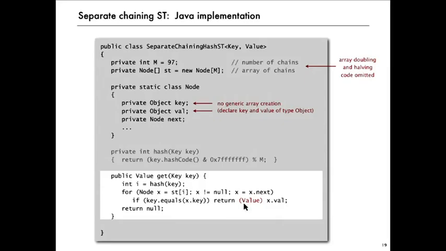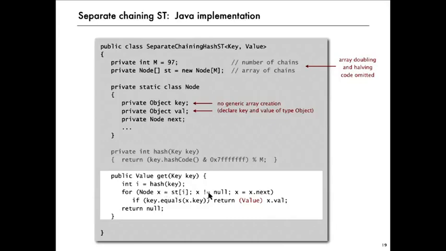This is the get procedure. So to look for a key in the hash table, we compute a hash value, and our hash function is pull out the system hash code, make it positive by ANDing off the sign bit, and then mod with m to get a number between 0 and m minus 1. So we pick that number i, and then we just go to that list, and this is the standard code for traversing a linked list.